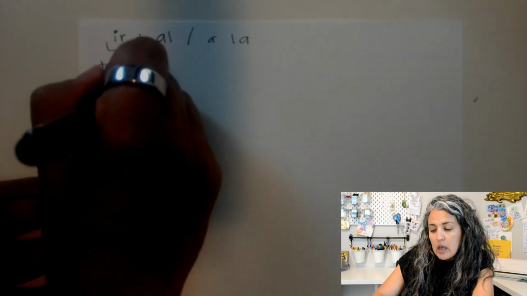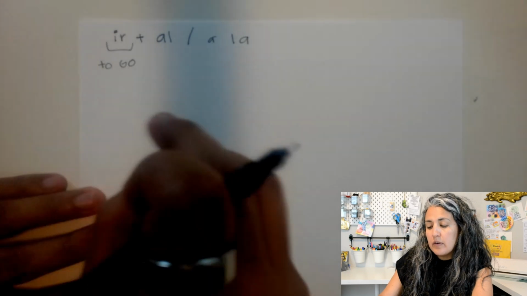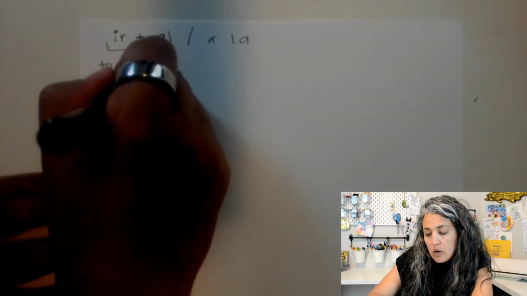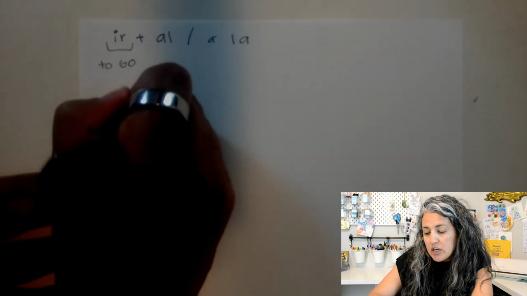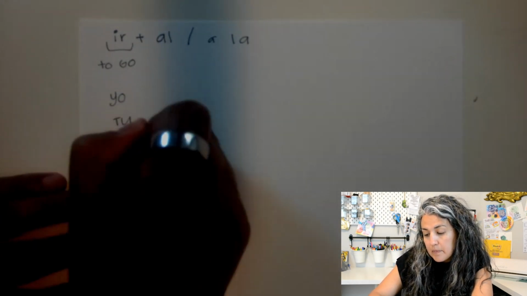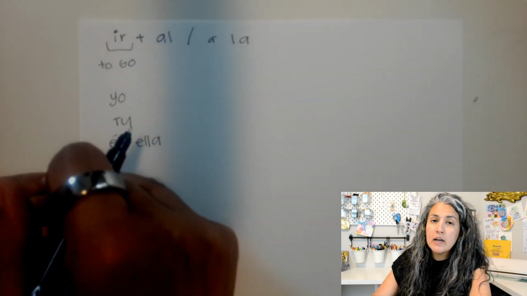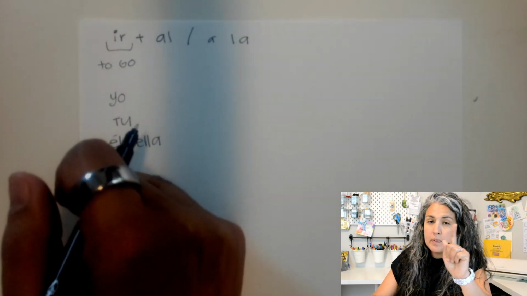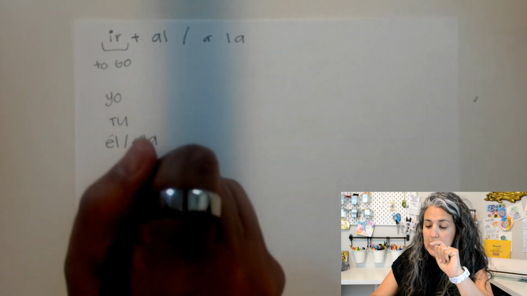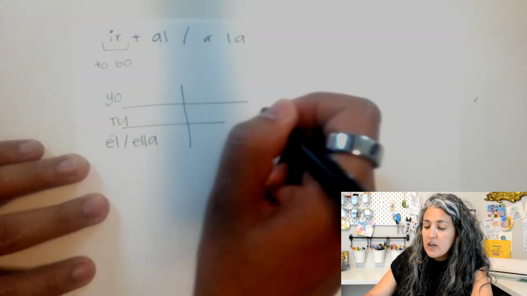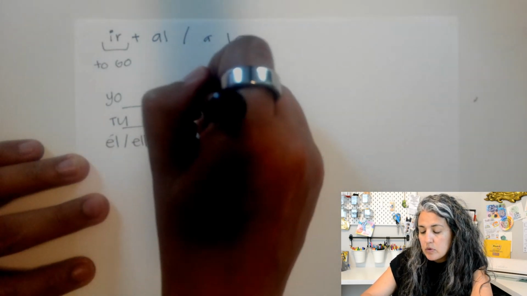So let's do the verb to go in all the forms and then we'll go from there. As always, we draw our chart. The left part of the chart is the one person, yo, tú, él, ella, singular. The other part is a plural.